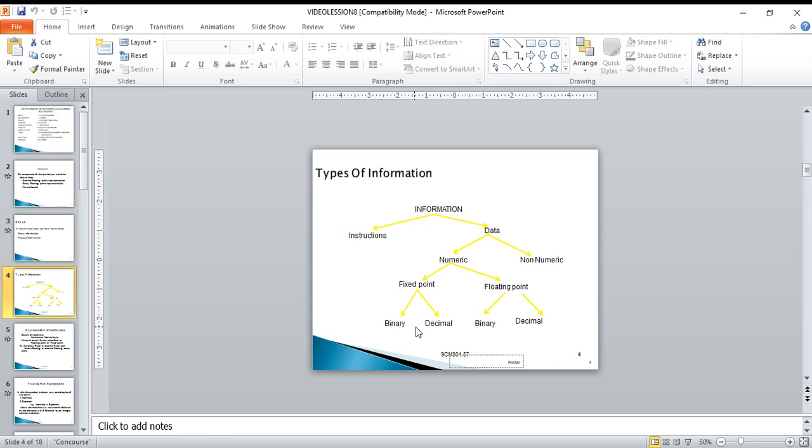We have to use one bit for the sign bit, that is 0 for the positive number, that is 1 for the negative number. And if it is a negative number, we have to represent it in three ways: signed magnitude, signed one's complement, and signed two's complement representation.